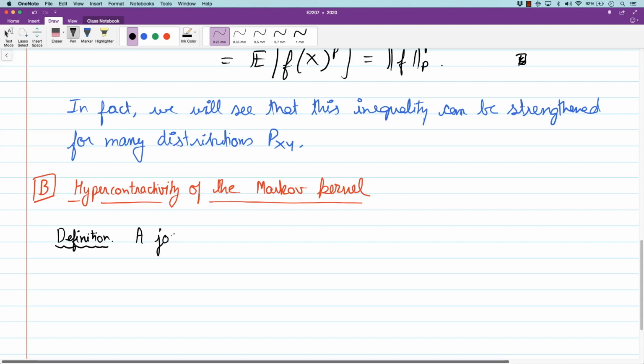So this Markov kernel is associated with a joint distribution. So we'll just talk about a joint distribution.